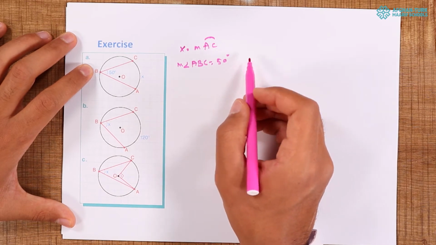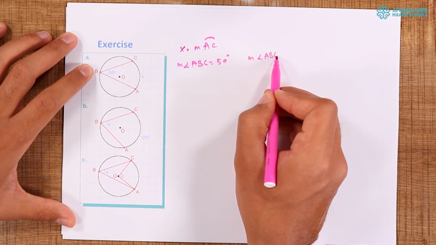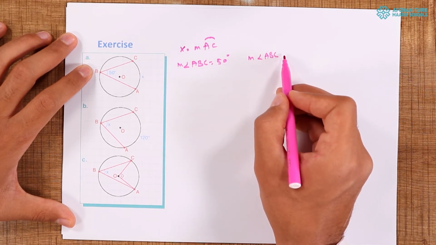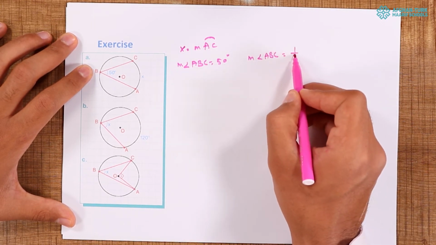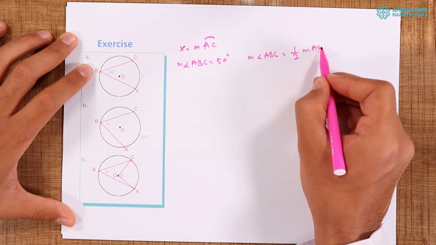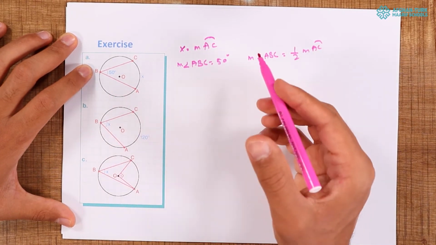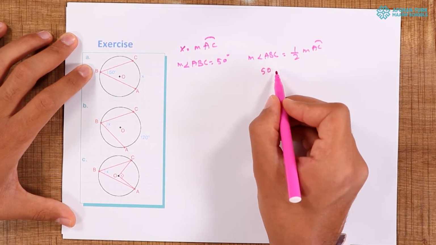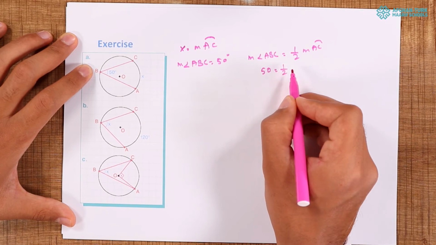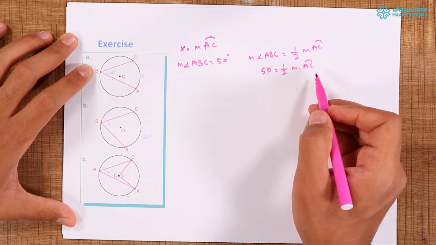In the formula we said that the measure of angle ABC, the inscribed angle, is equal to half of the measure of the intercepted arc, AC. So 50 degrees is equal to 1/2 the measure of arc AC.